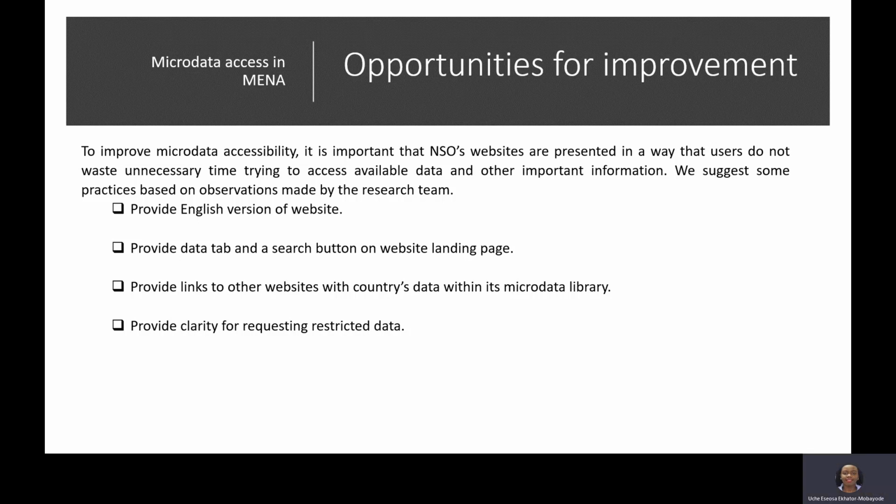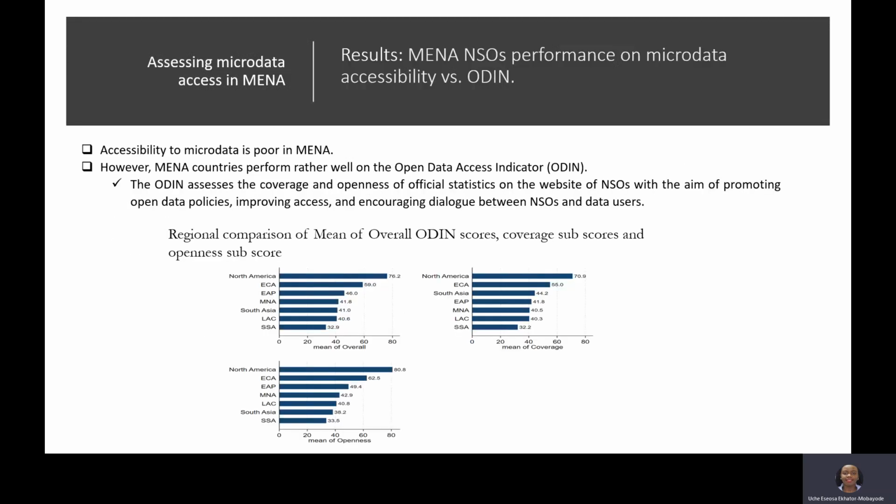Now, what is the implication of our result and how does it fit into data accessibility in general? So we've been able to show that accessibility to microdata in MENA is poor. However, when you look at the Open Data Inventory, the ODIN, MENA countries perform rather well.